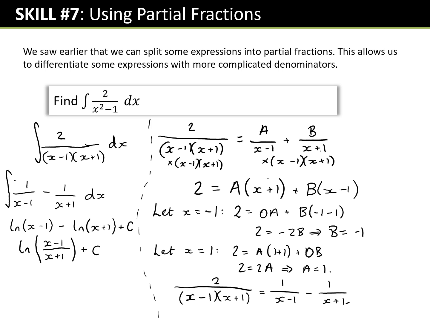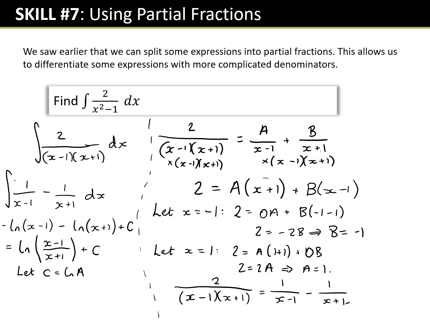So C, you could rewrite it, strictly speaking, as anything that you want. Now I'm going to say that C is the same as natural log of A. C is the natural log of A, and I'm just saying that it is. Constant is equal to constant, it doesn't matter.